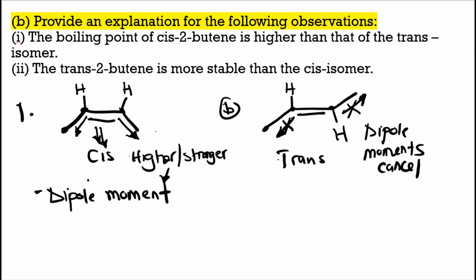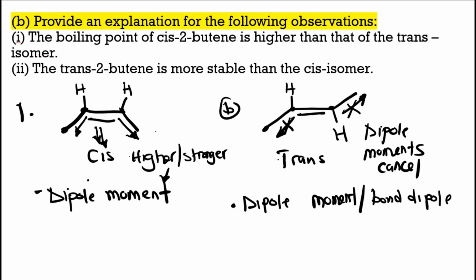Okay. Now you may ask, what is a dipole moment? A dipole moment is simply a measurement of polarity of a chemical bond. It is also referred to as a bond dipole.